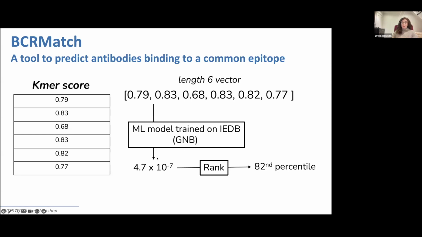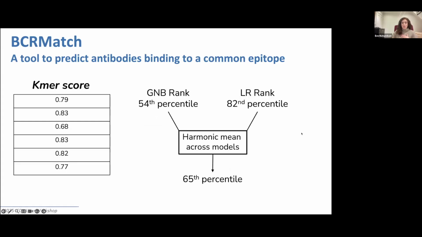Then the tool ranks those scores in order to make it more robust against the scores that were observed from the training data. So you'll get a percentile rank for each of the models. And then to make it even more robust, those scores are used to calculate a harmonic mean across different machine learning models. So the total effect is that you're ensembling, which is generally a really great method within machine learning to improve performance and to improve robustness.